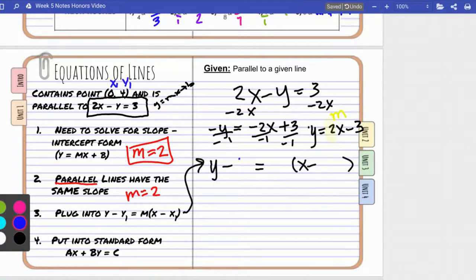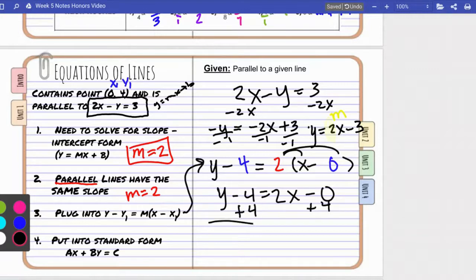Our y1 is 4, our x1 is 0, and our slope is 2. So we get y minus 4 equals 2 times x minus 0. Then we add 4 to both sides. We get y equals 2x plus 4. This is called slope-intercept form.